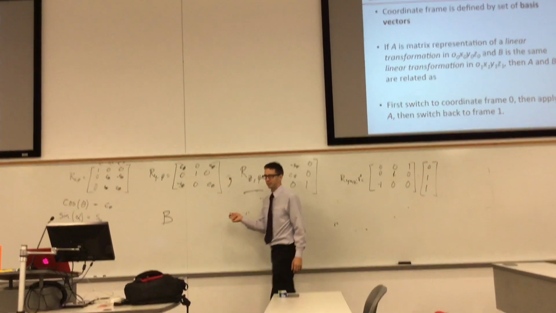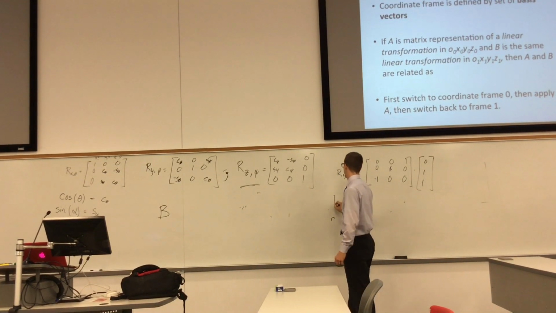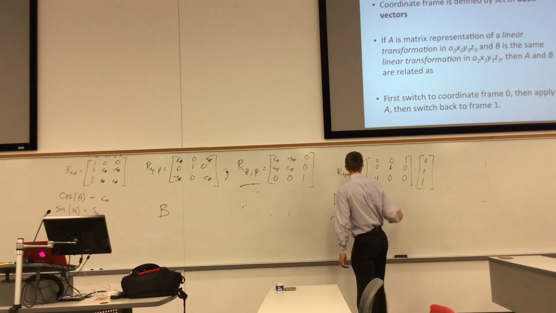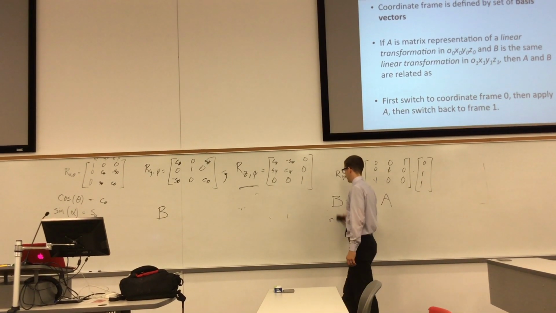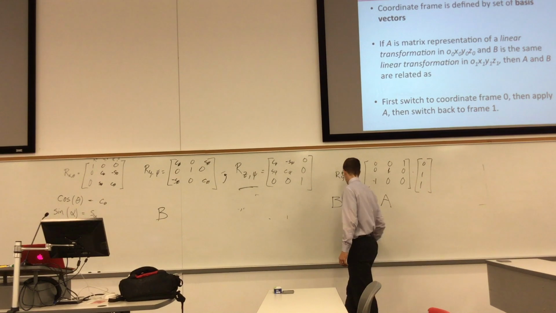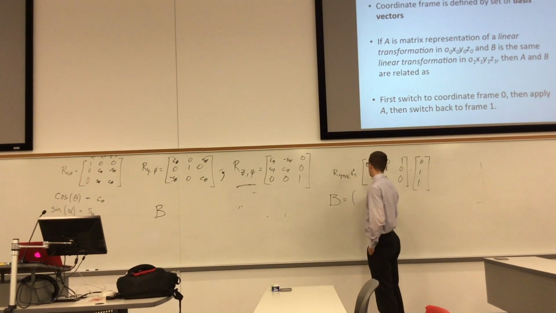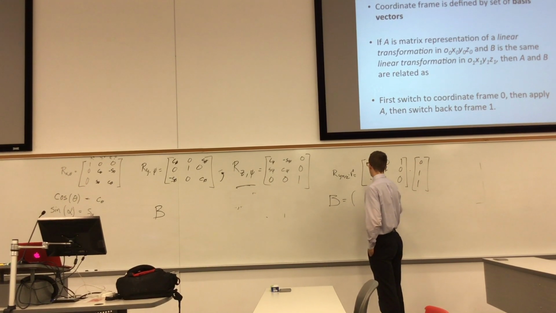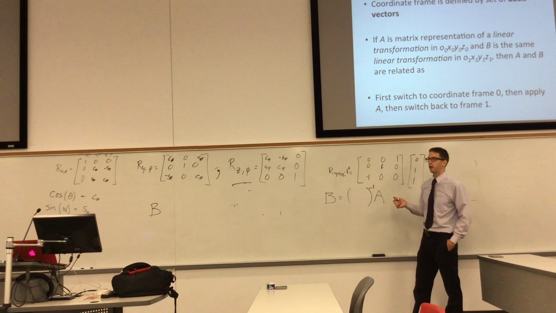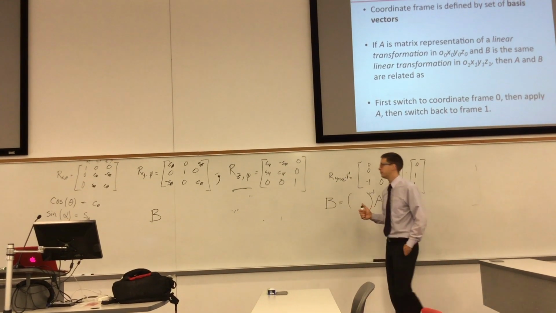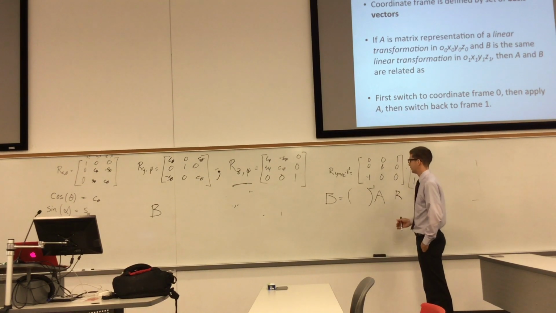Is this hidden? Would it be better if I wrote over here? So I'm going to say B is equal to, well, I want it to be equal to A, but obviously I can't do that. So what I need to do first is the inverse of whatever transformation relates coordinate frame 1 and 0, and then I need to apply that rotation at the end.